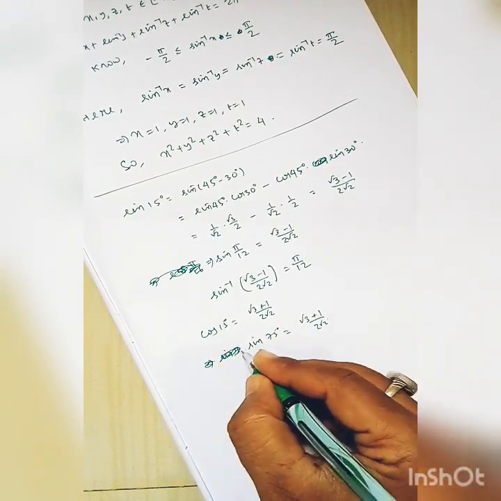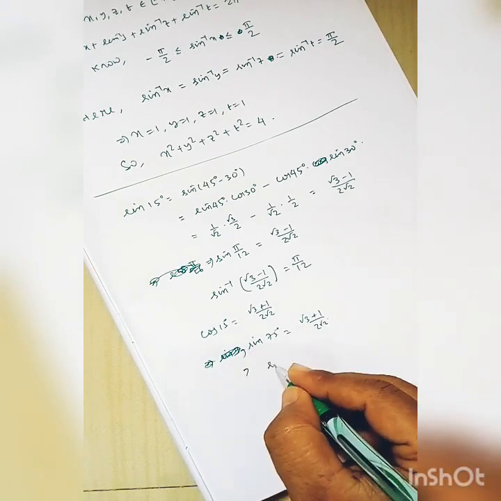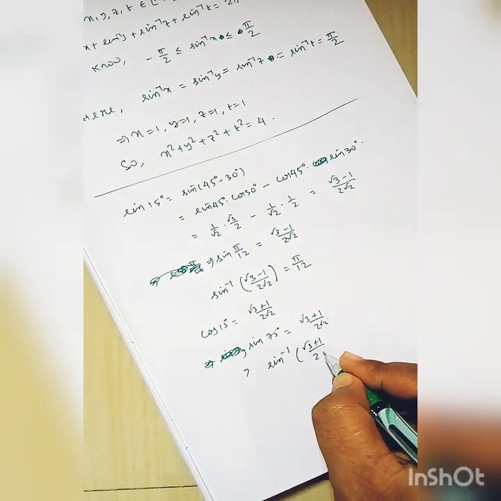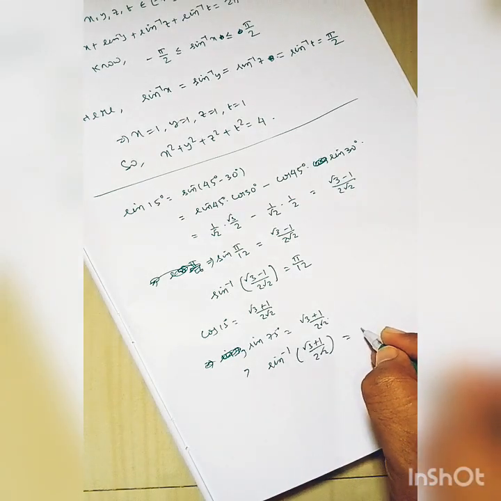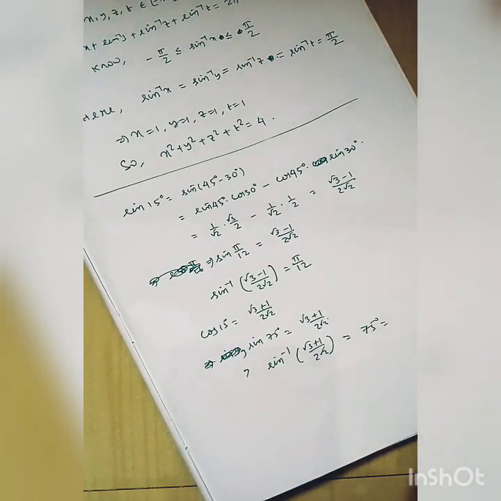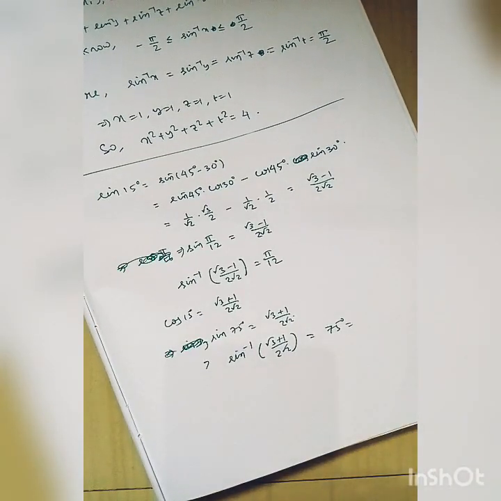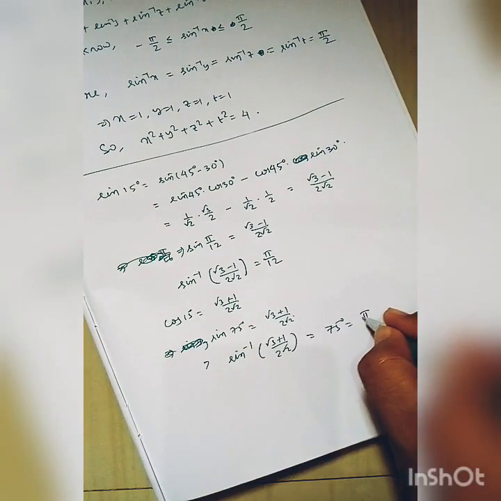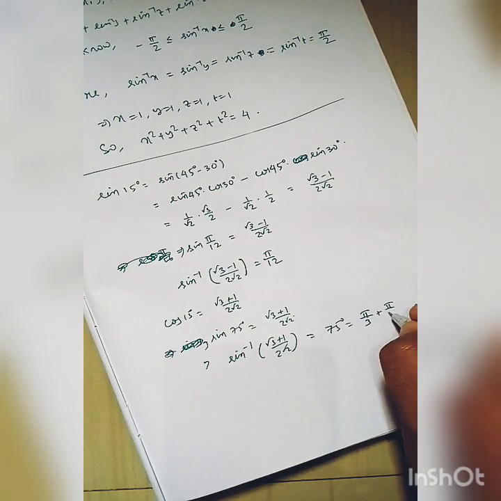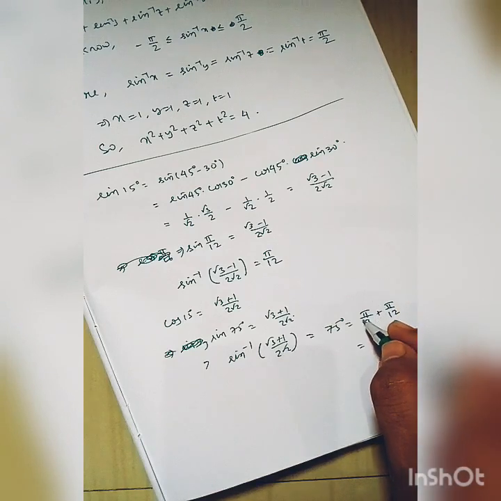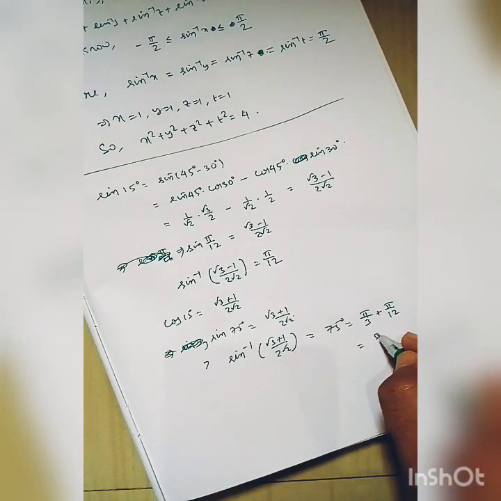So if there is a question sine inverse of (root 3 plus 1) by 2 root 2, it is 75 degree, which is equal to pi by 3 plus pi by 12, that is 60 plus 15, that is 5 pi by 12.